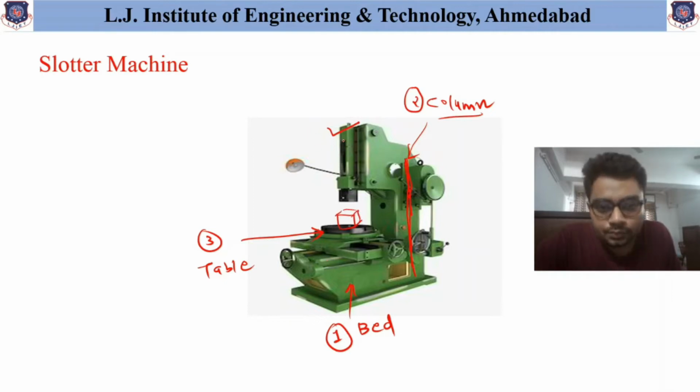Now the next important part, the fourth one, is called the ram, and this ram is used to obtain reciprocating movement of the tool.